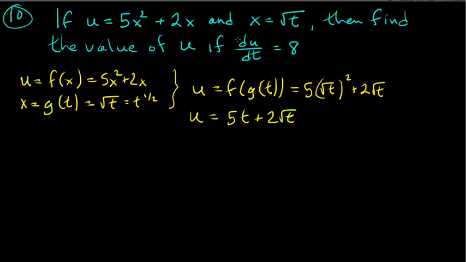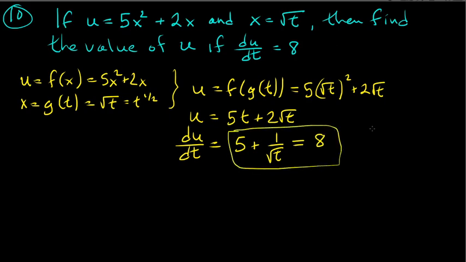Now, what's the derivative of u with respect to t? It's equal to 8. So the derivative of u with respect to t is just 5 plus 1 over the square root of t. And that has to be equal to 8. So we can solve that.